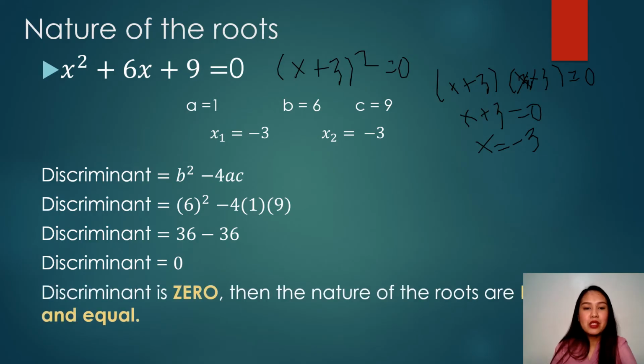Now again, what happens if your discriminant is 0? Your nature of roots are real and equal. As we can see, these two numbers, negative 3 and negative 3, are equal and they are also real. And that is proven by the discriminant, which is 0. Okay?